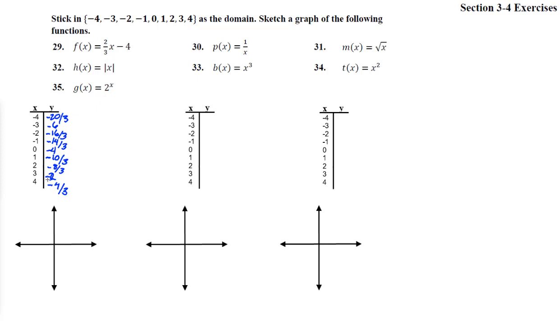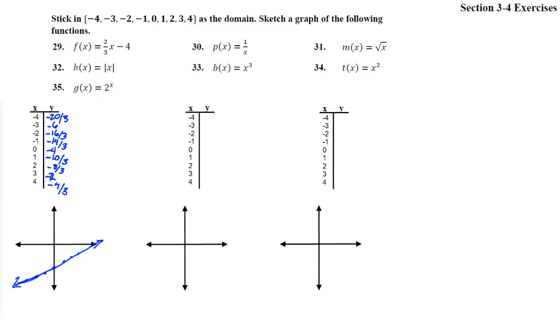Minus 4 is indeed a -2. So you'll notice if we plot all these points, we're at -4, -20/3, -3, -6, -2, -16/3, -1, 0, -4, and yeah, we get this line that connects all those dots right there. Alrighty, 4 is at -4/3, so all of these points would be right along that line.